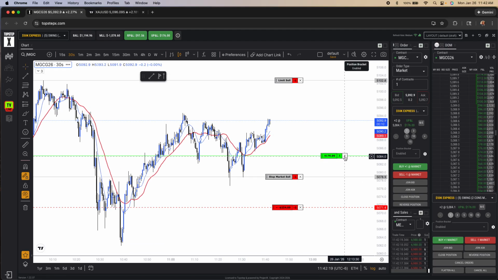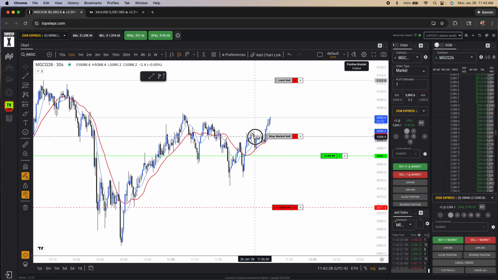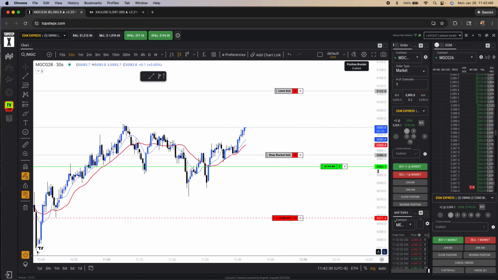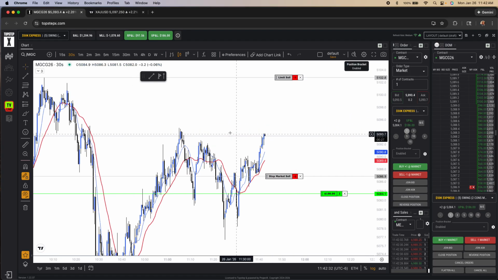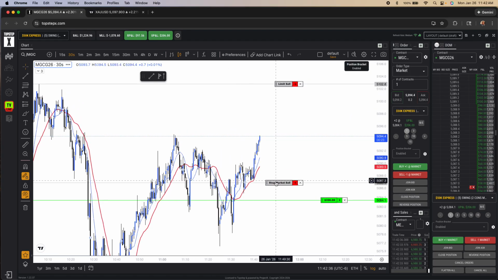I could close out now and it'll still be a very decent day, like 170 plus 98. That's almost 300. All right, so we're about to start trailing very tight.